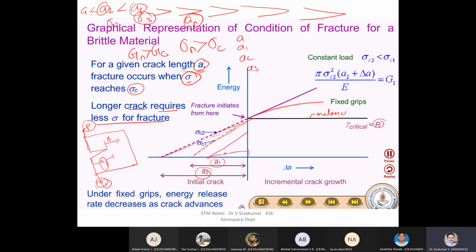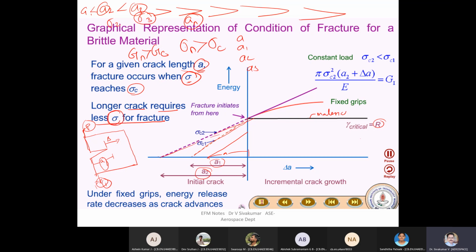Longer crack requires less sigma for fracture. That means this is something causing a resistance.